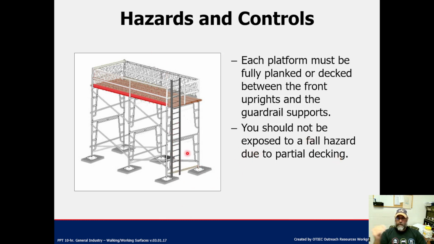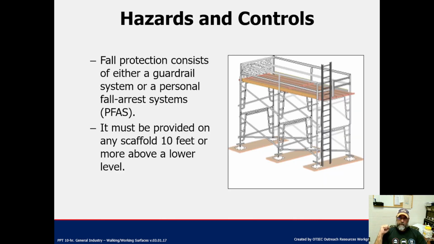So, you should not be exposed to a fall hazard due to partial decking, meaning you have a couple of pieces of wood on there, but you have to jump from piece to piece. Okay, it needs to be a secured floor. Using your fall arrest system, it says here it needs to be provided on any scaffold that is 10 feet or more above a lower level.